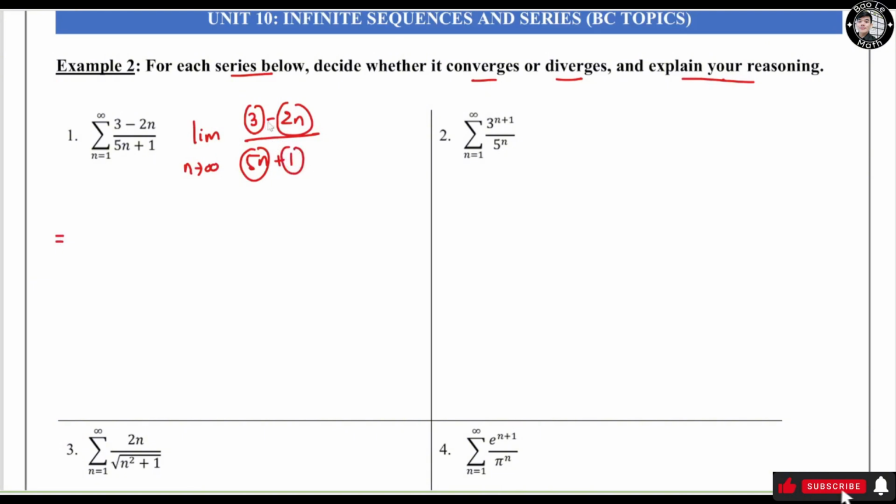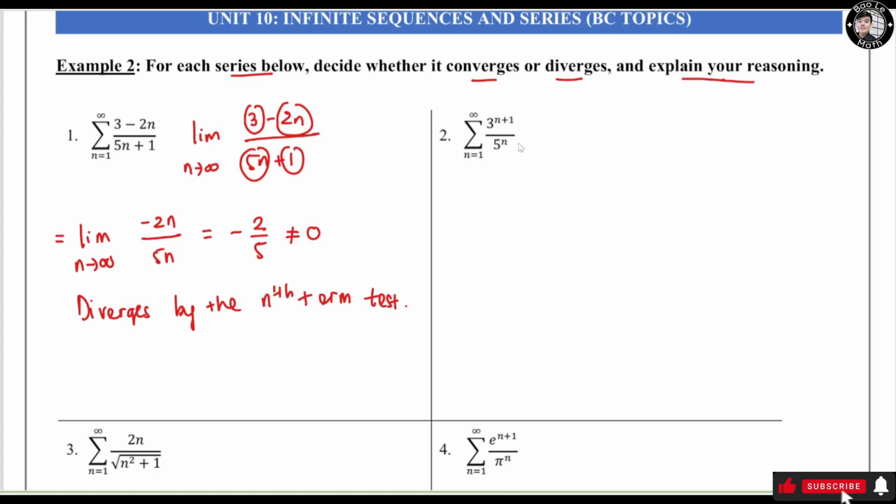So we can ignore 3 and 1 right here. So we have the limit as n approaches infinity of -2n over 5n, right? n and n cancel out, so it's going to be -2 over 5, which is not equal to 0, right? So by the n-term test for divergence, this series diverges, right?